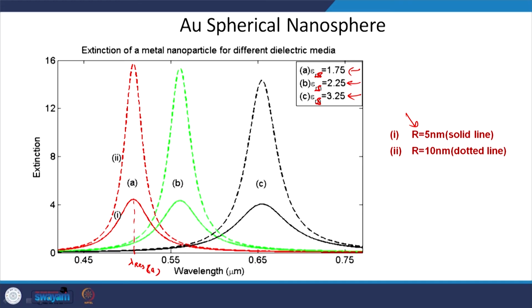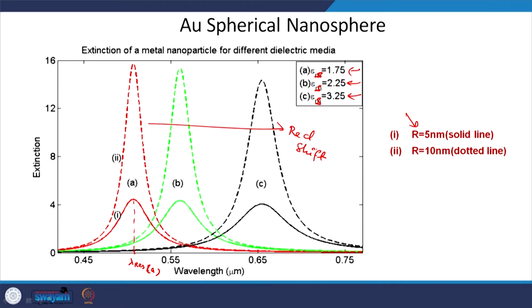Now, you change the diameter, say from 5 nanometer to 10 nanometer, you do not see much difference in the resonance wavelength, because lambda resonance is not a function of radius. So, the extinction cross section, meaning the power, will change, but it is not affecting the resonance wavelength essentially.